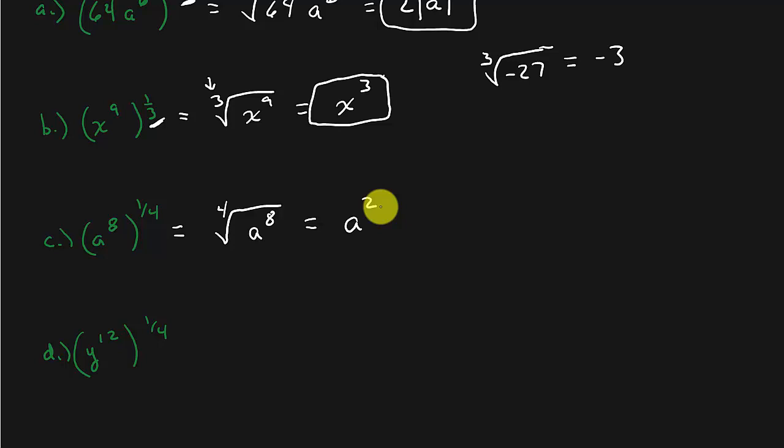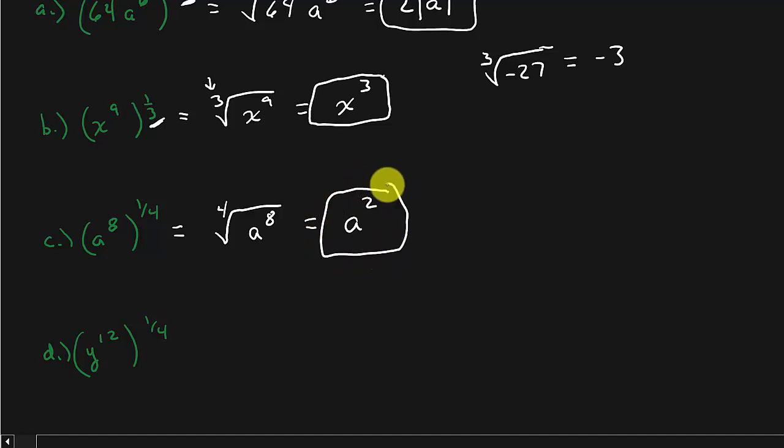Now, let me ask you this. Is that our answer, or do we need to put absolute value on it? This is our answer. Okay? Now, it's not confusing. Remember what I said.